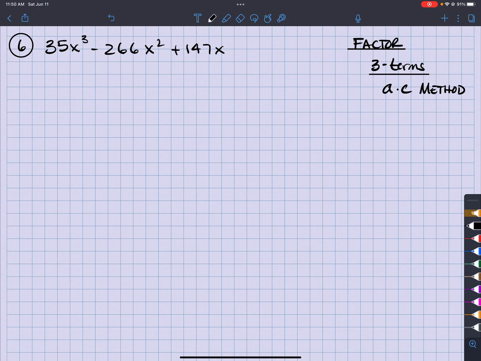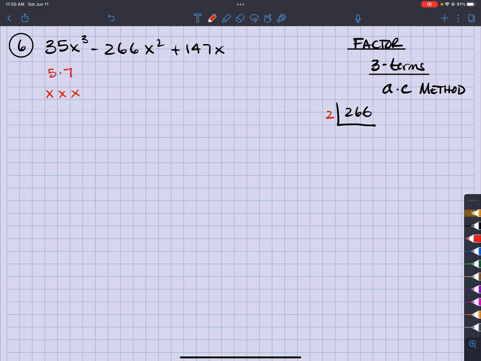So if I was to break these down, the 35 is pretty easy because that's 5 times 7. And then I got 1, 2, 3 X's. The 266, I might need to do a little work. So 266, what goes into it? Well, I see that it's even, so definitely 2 goes into it, right?